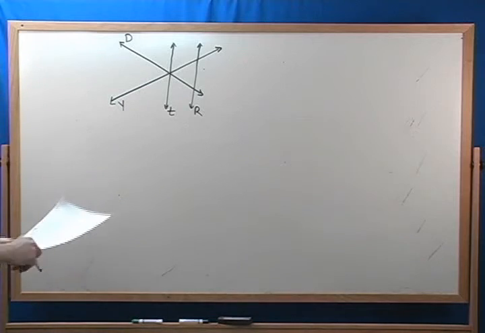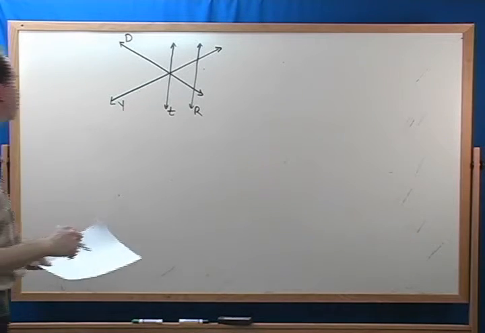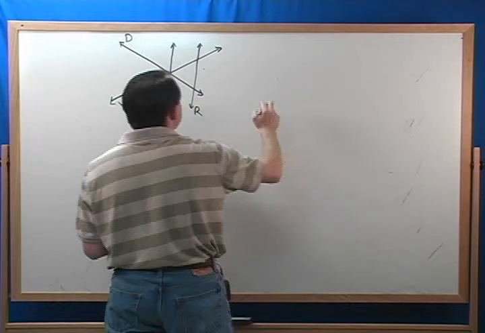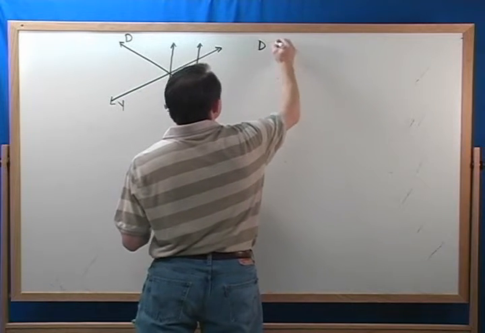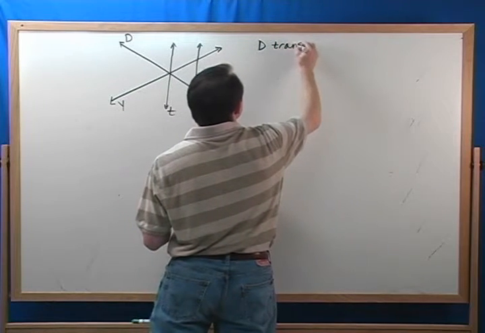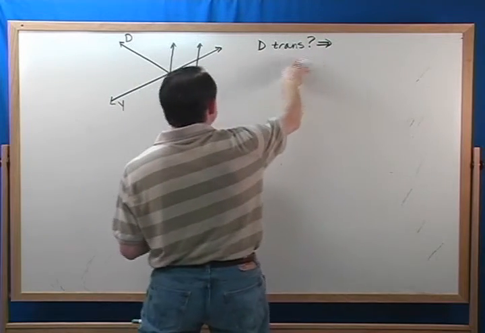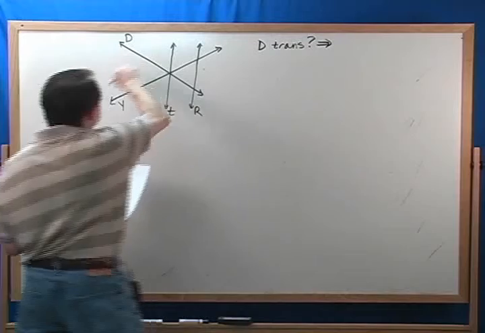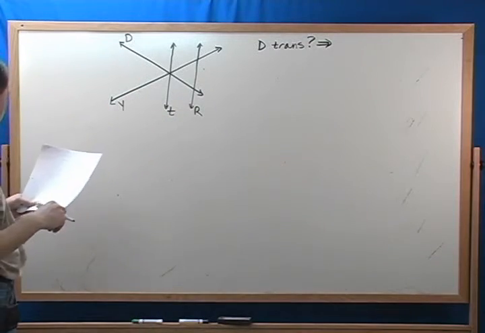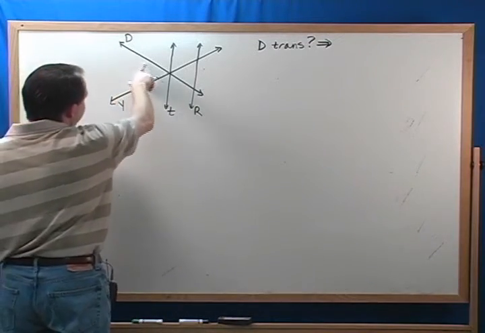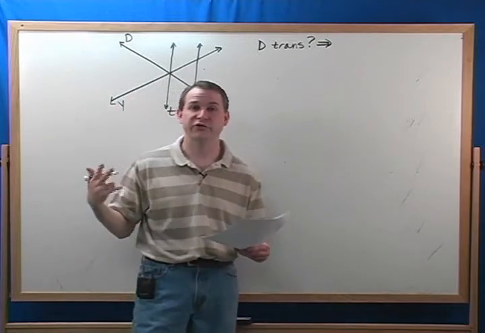So we're going to ask ourselves a few questions here. The first question is, is D transversal? I'm writing down a question for myself here, just like you might see on your test. Is the line D transversal? The other question is, does D actually go through and hit two or more other lines?